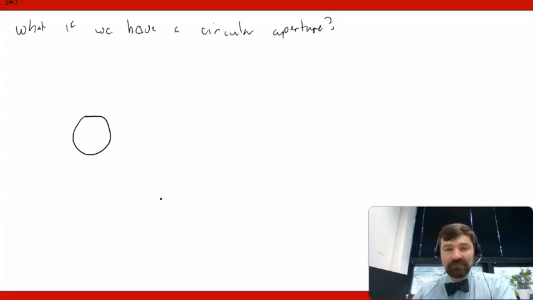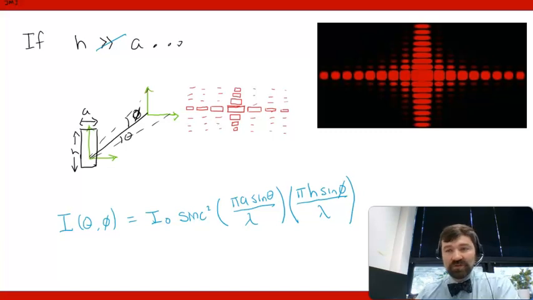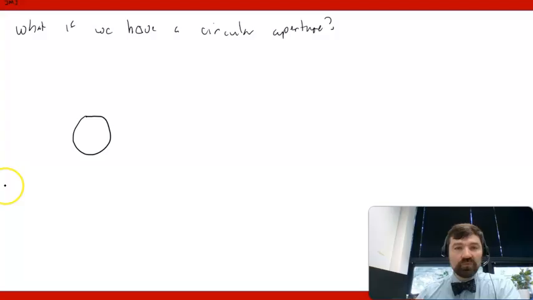And then you would expect on the screen far away to have a more symmetric version of this. And so instead of having individual bright and dark spots in this cross-esque pattern, you actually get bright and dark rings. Okay, so this right here produces a set of bright and dark rings.